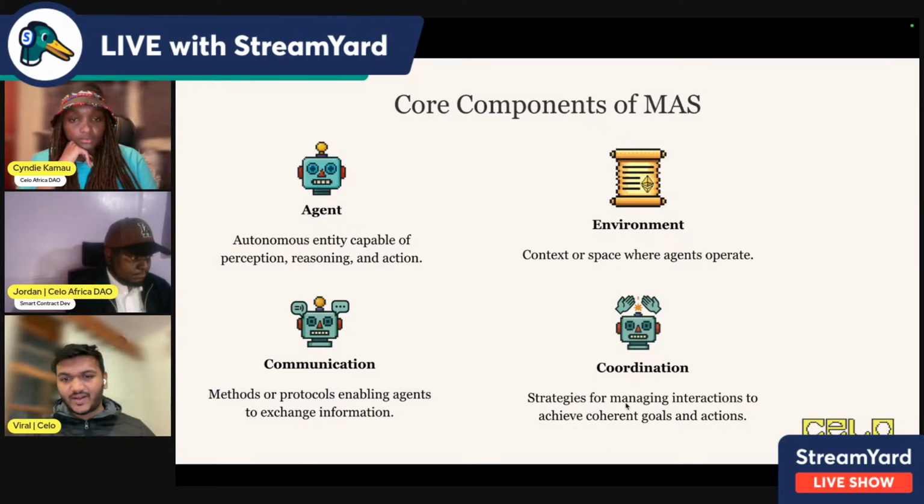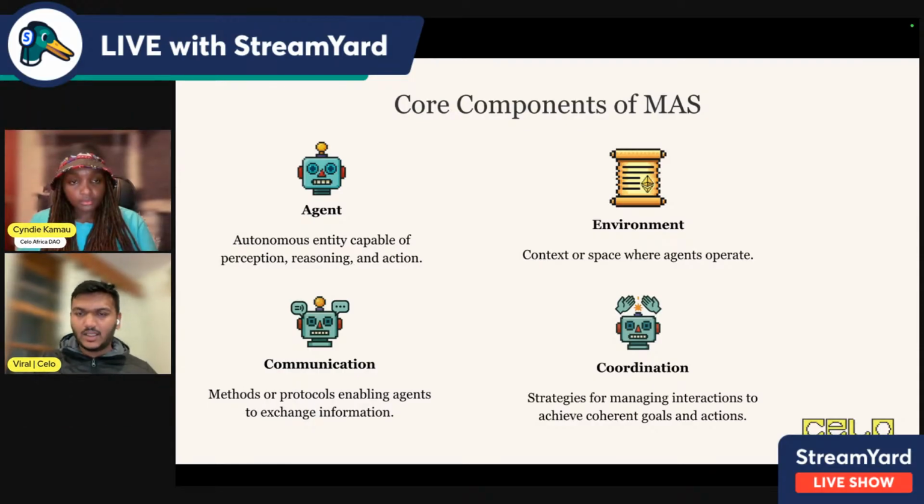Coordination is the strategies for managing interactions to achieve coherent goals and actions. So let's say you give a task, and all the agents should be aware of what a particular agent can do in order to achieve the perfect output that a person is expecting. Coordination and communication, for me, are the most important piece in multi-agent systems.